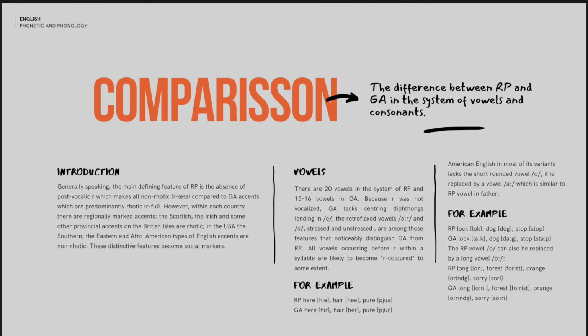The RP short vowel O can also be replaced by a long vowel O. In RP, long, in GA, long. Forest, forest. Orange, orange. Sorry, sorry.